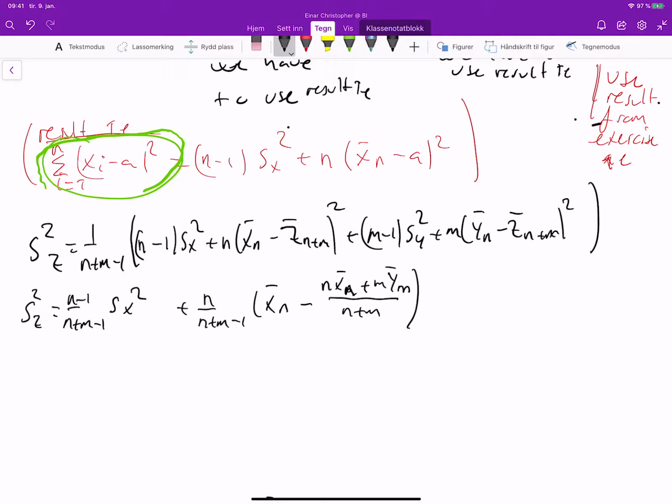and plus m minus 1 sy bar plus m yn bar minus set n plus m, which is n xn bar plus m yn bar divided on n plus m in the power of 2.